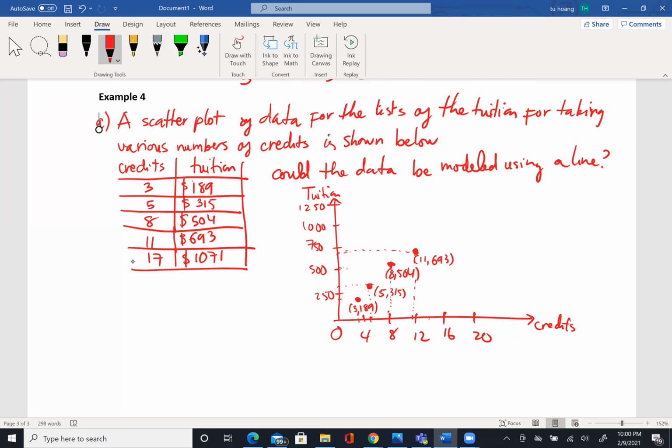And then we come to 17, and move to the 1,000 something: 1,071. So around here. Seventeen, 1,071.